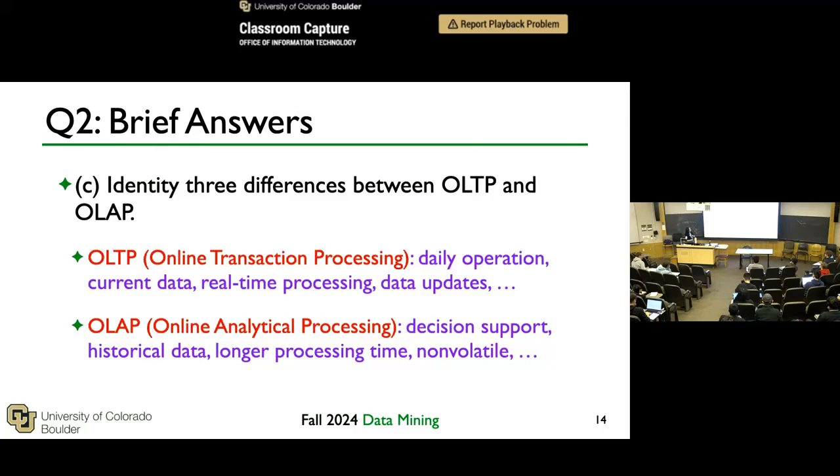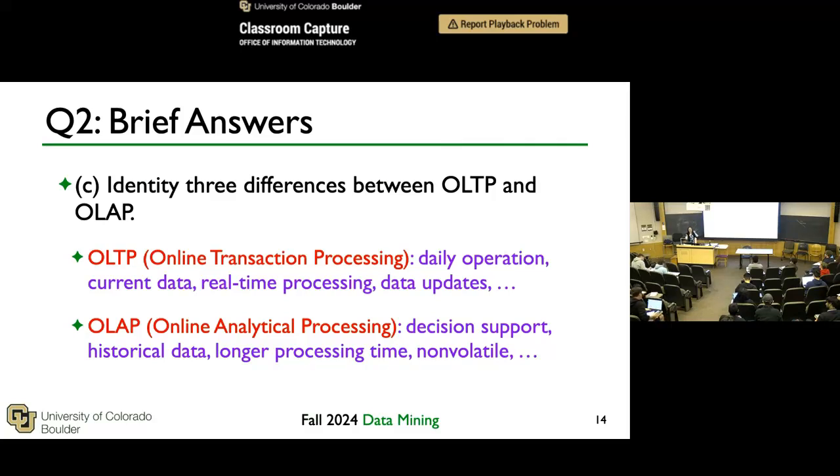In comparison, online analytical processing is for decision support, so now your users are different. Users are usually data scientists or people who are trying to pull insights from the data. They usually work with larger data sets. We talk about historical data.